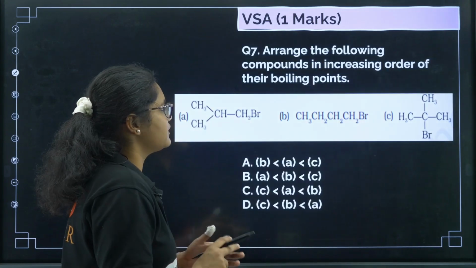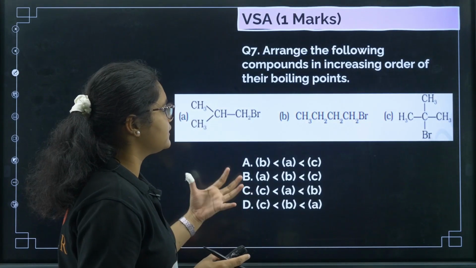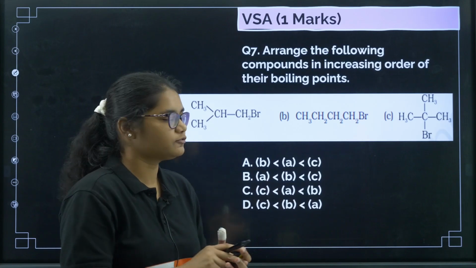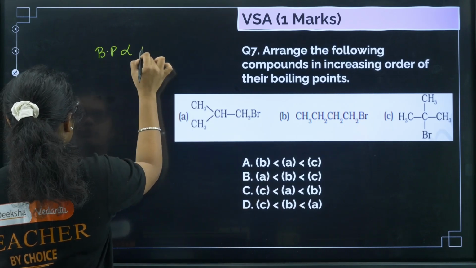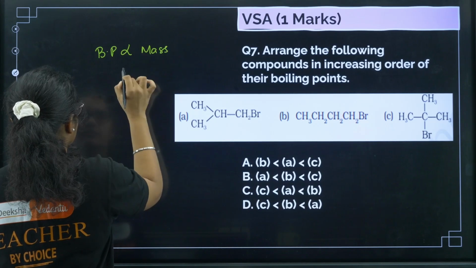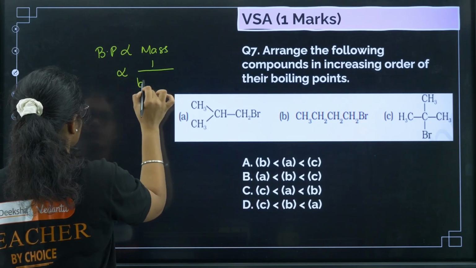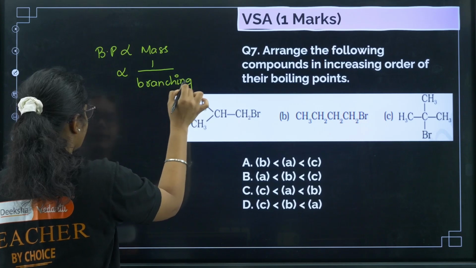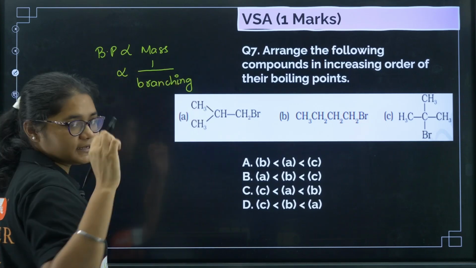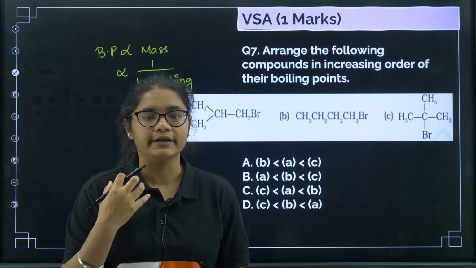Okay. Next, question number 7: arrange the following compounds in increasing order of their boiling point. Just now we discussed that boiling point depends on mass and is inversely proportional to branching. If there is more branching, boiling point is less; if there is less branching, boiling point is more.